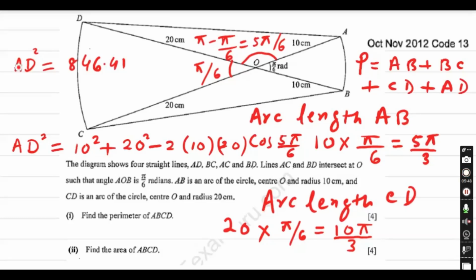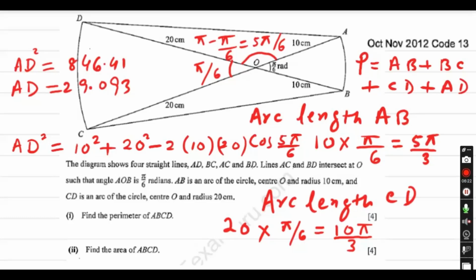Now taking the square root of 846.41 will give you 29.093. Now we have found the side AB, the sides BC and AD, and the side CD. What can you say about the sides AD and BC?